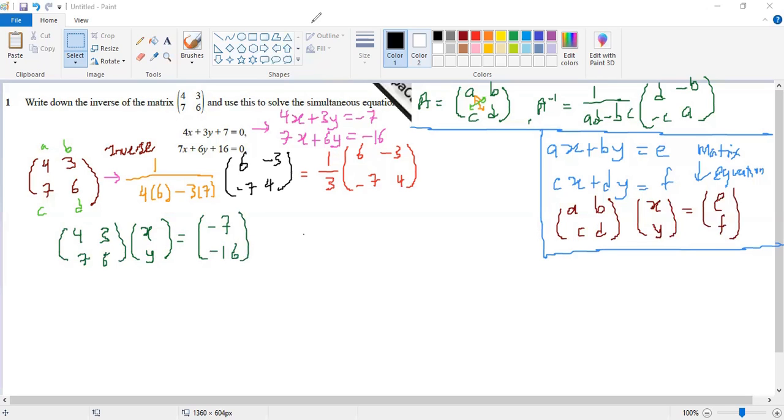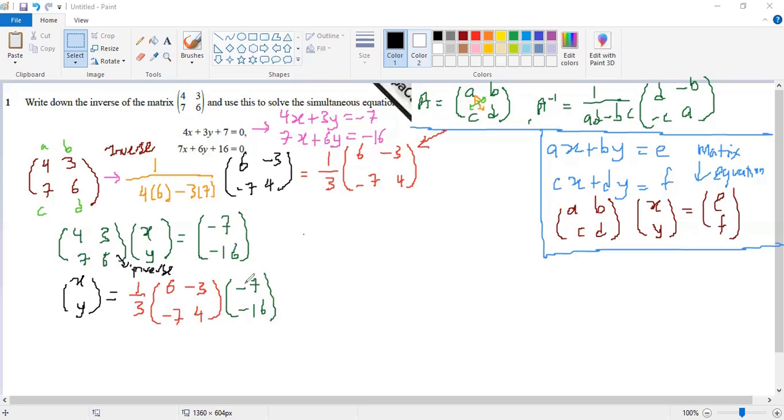The idea goes that when you want to find the x and y in this matrix form, you multiply by the inverse of the 4, 3, 7, 6, which is the matrix up here. Just copy the whole thing, 1 over 3, like that, 6, negative 3, negative 7, and 4. Then the green one would be negative 7 and negative 16.